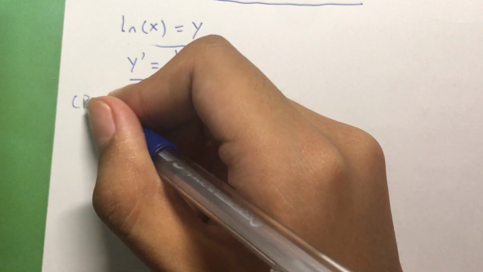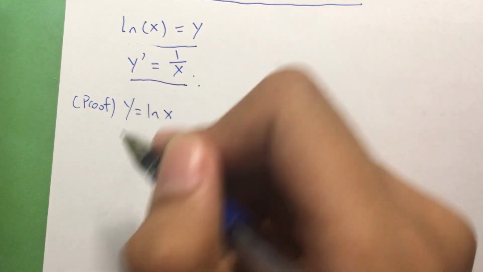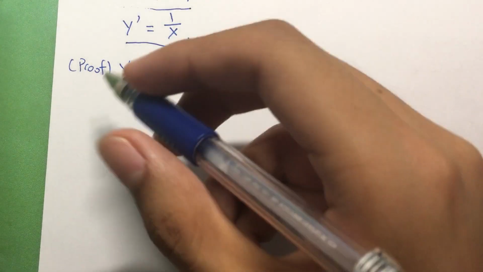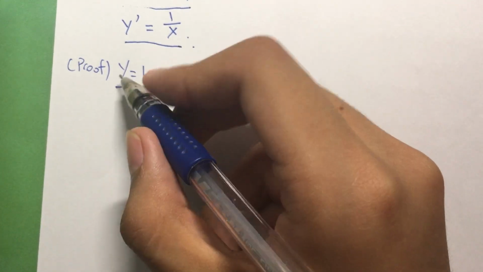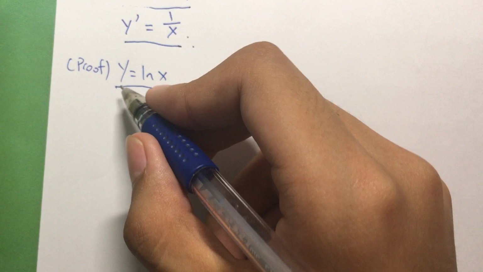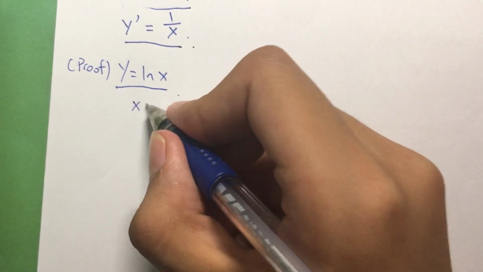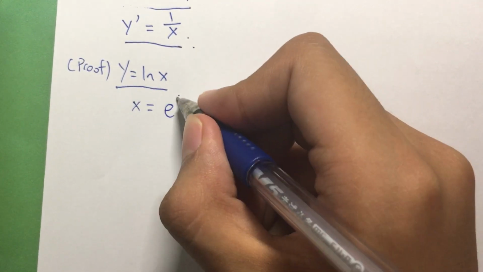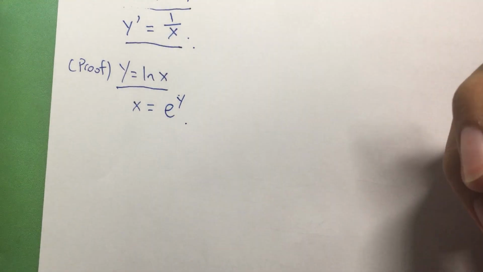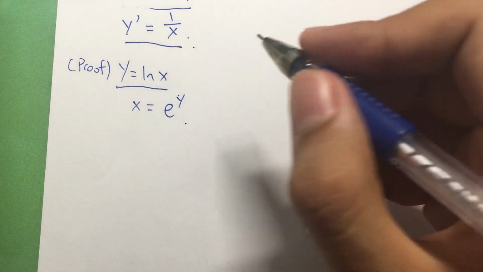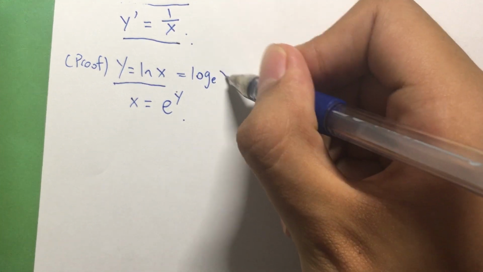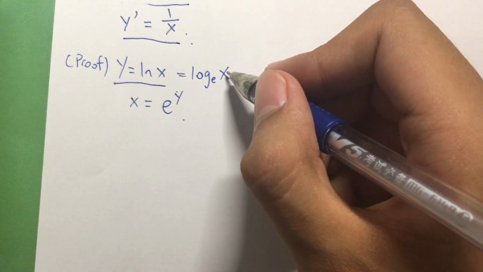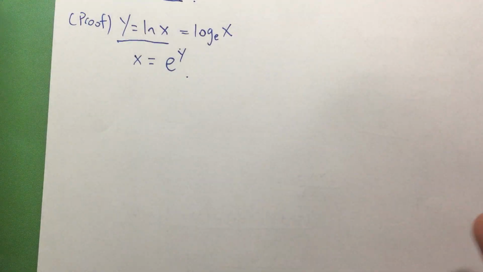Proof. Because we learned in the previous topic, if y equals ln x, then we can say that x is equal to e to the power of y, because ln x is equal to log base e of x, so we can express x as e to the power of y.